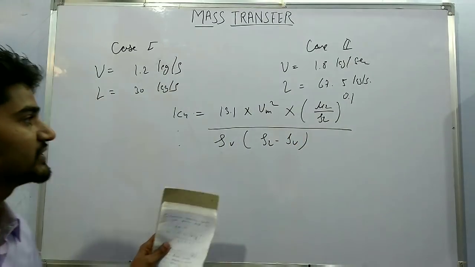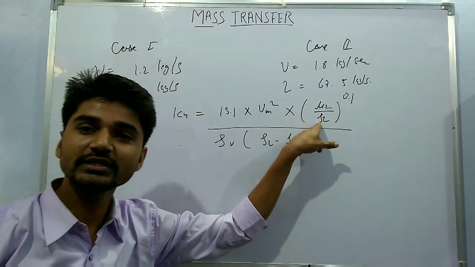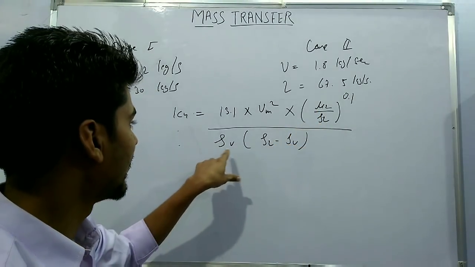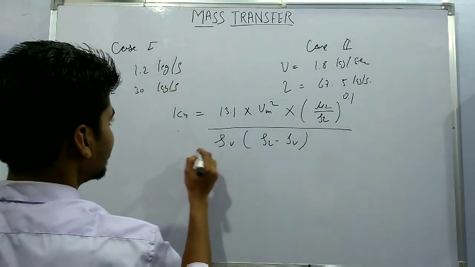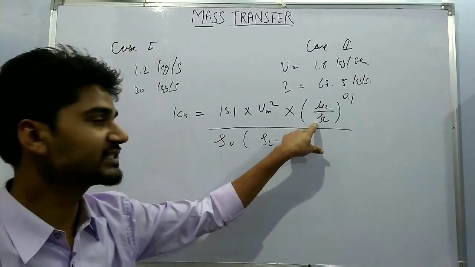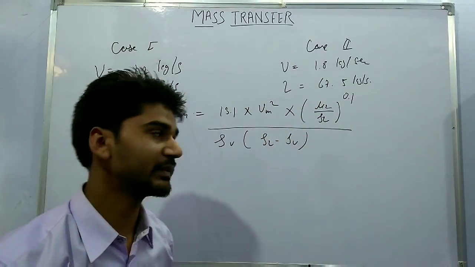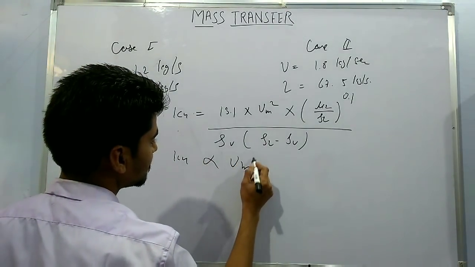This is the empirical relation where mu L is the viscosity of liquid, rho L is the density of liquid, and rho V is the density of vapor. So here we are considering the assumption that these parameters are not varying in the packed tower. So we are considering that K4 is proportional to VM square.